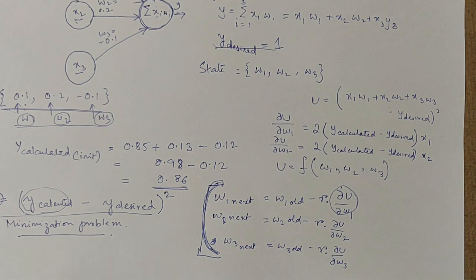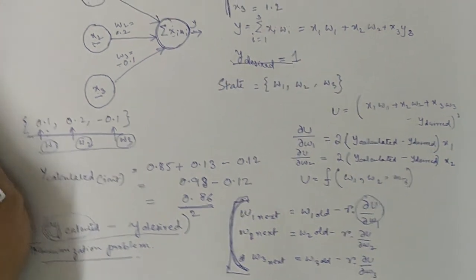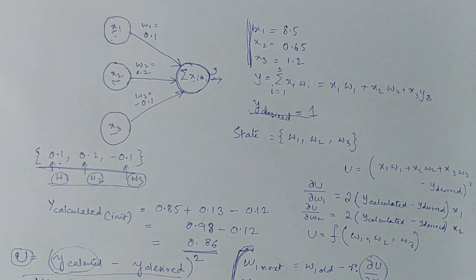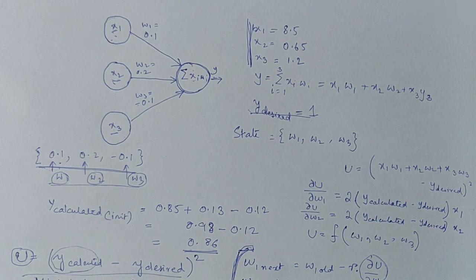So this is one illustration which I wanted to show, where steepest gradient descent was being applied, where the objective function is a function of multiple variables.